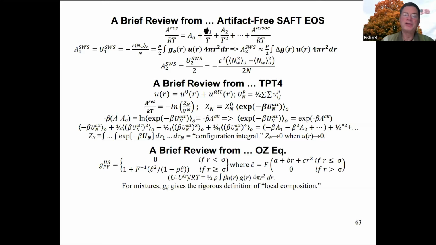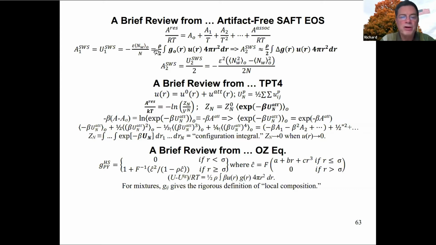Here I'm trying to just remind you, way back maybe it was this September, we talked about an artifact-free SAFT equation of state. And these were some of the basic equations that came out of that, recognizing that SAFT is based on a sort of square-well sphere perspective to get started. I've added one thing here.